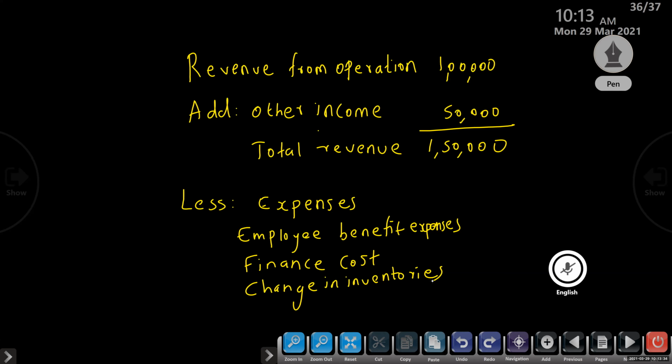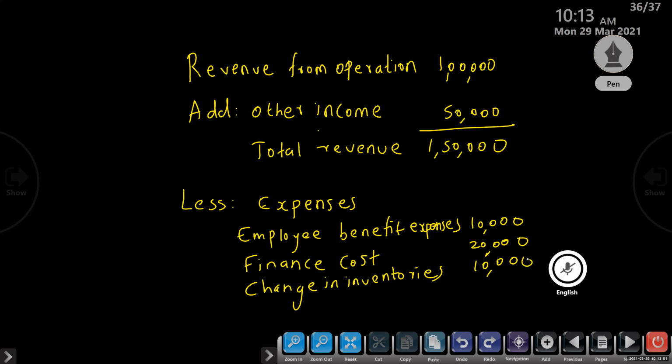Next one, employee benefit expenses. Example, suppose employee benefit expenses are 10,000, 20,000, 10,000.